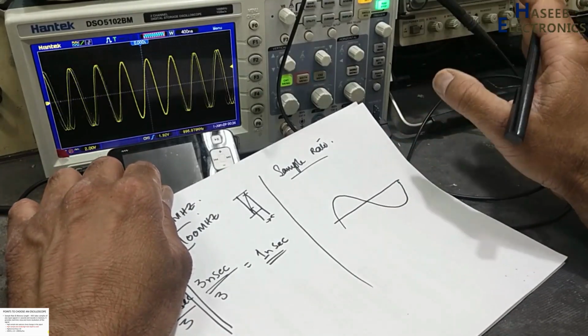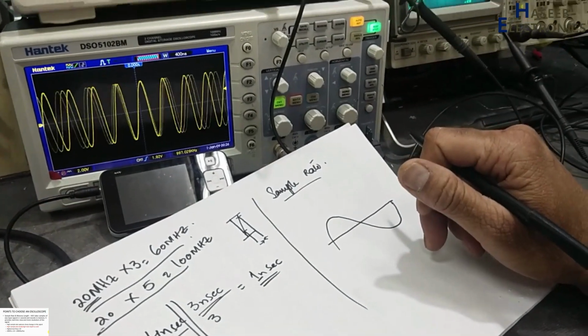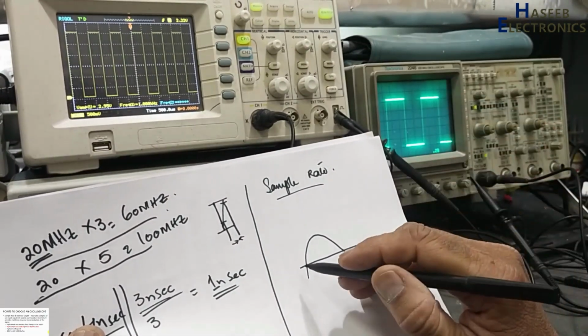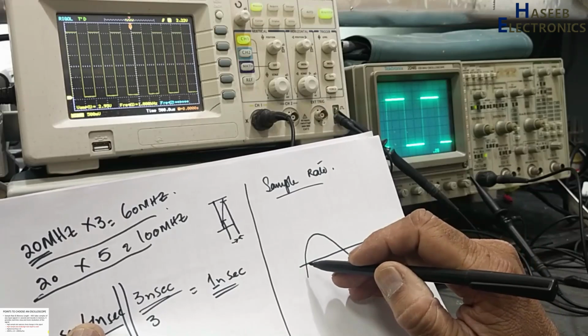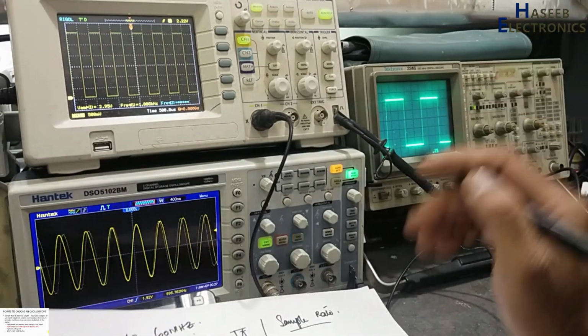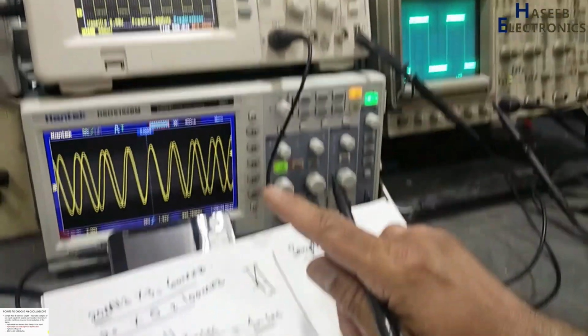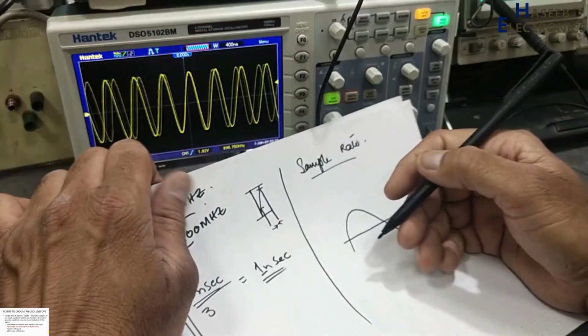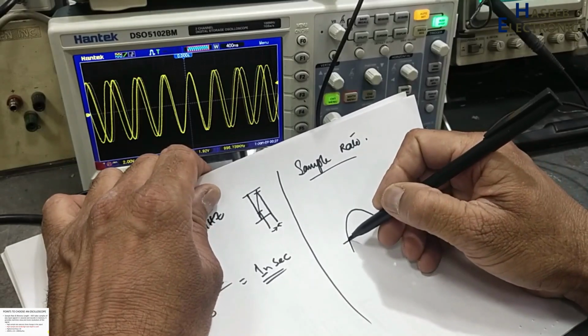When we are discussing an analog oscilloscope, it will drive its vertical amplifier and time-base circuit to move its beam to display on the screen. But in digital oscilloscopes there is a sampling circuit.